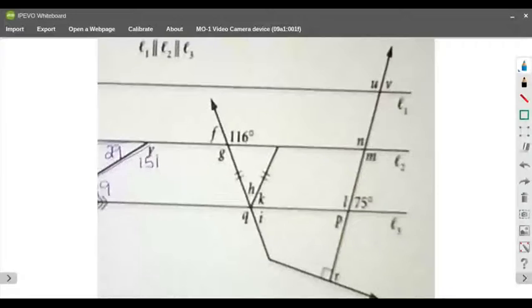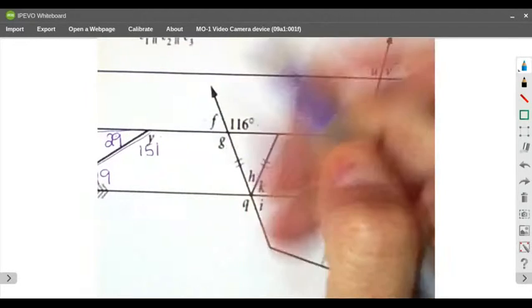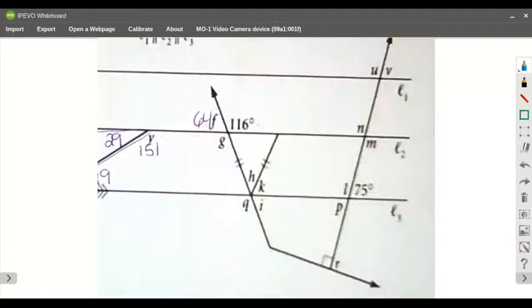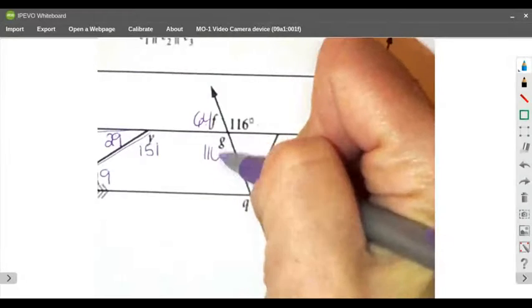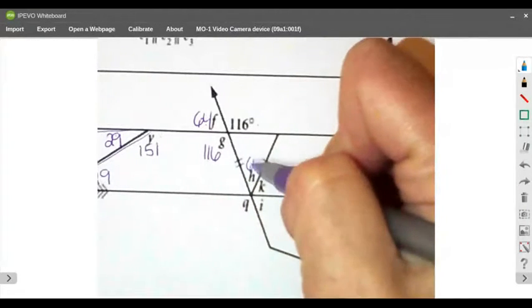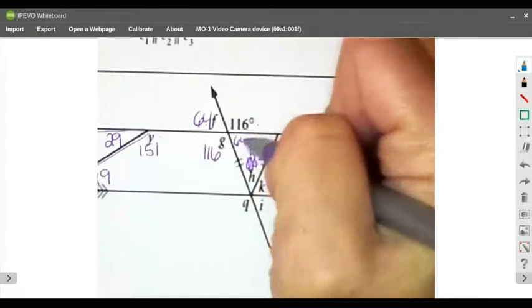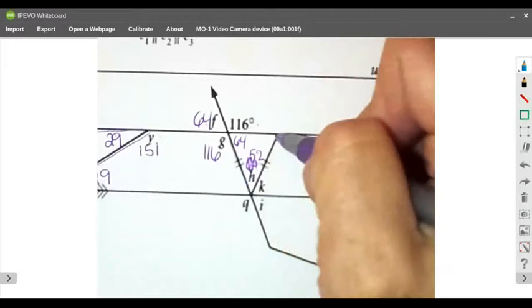Okay, so that takes care of the left side of the puzzle. Let's go to this side. So I noticed that there's this 116 here. These are linear pairs, so 180 minus 116 would be 64. G and 116 are vertical. I showed you in the video that this is 64, not 52, because this is 64, and I talked about how this is an isosceles triangle, which we haven't learned yet.